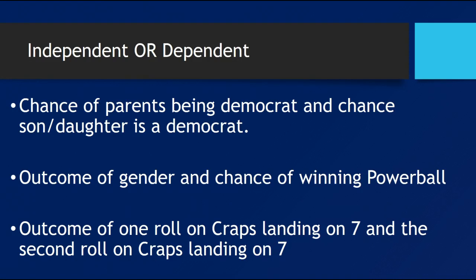All right, so hopefully you went through that on your own. Chance of a parent being a Democrat and that their son or daughter is a Democrat, well, those are dependent. It turns out if your parents are Democrats or if your parents are Republicans, then you are more likely to be a Democrat or Republican.